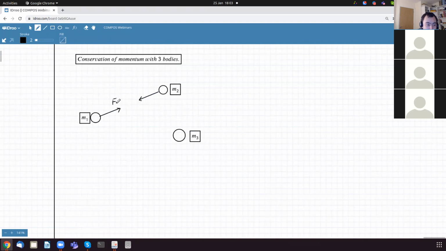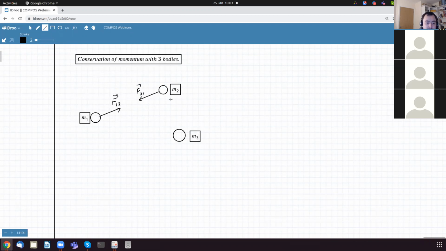And we label this force F12. That means the second object is acting on the first object. Now, this force would be F21, so there is a force on M2 from object 1.